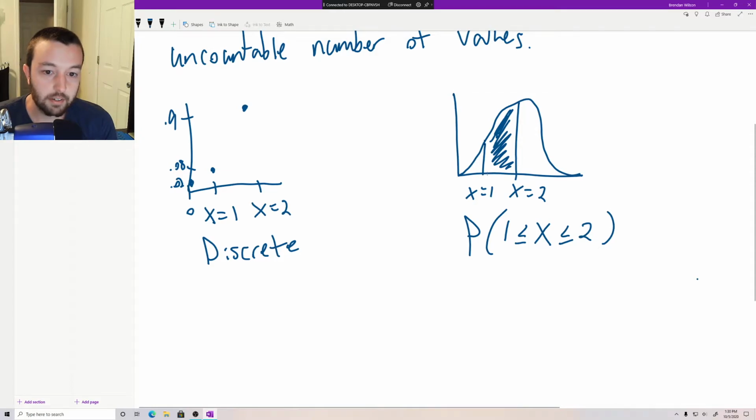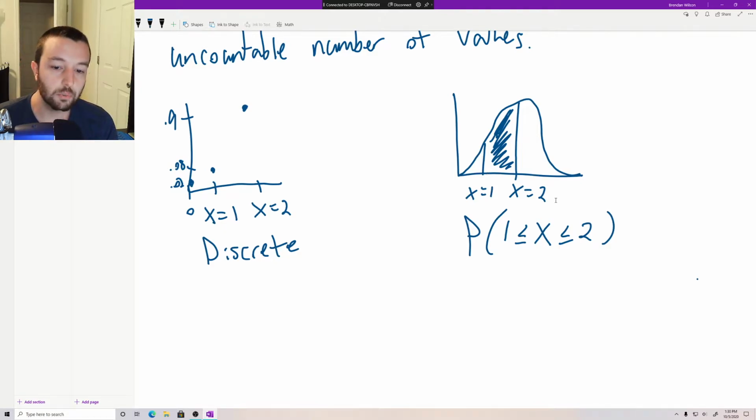Here, the area underneath the entire region should end up being 1. There's no way for us to verify that, because again, we can't find the area under a curve with our current techniques. So we just have to take it on faith with the problems that we're given, right? We're just going to have to assume that they are distributions. They'll tell us if they are distributions.